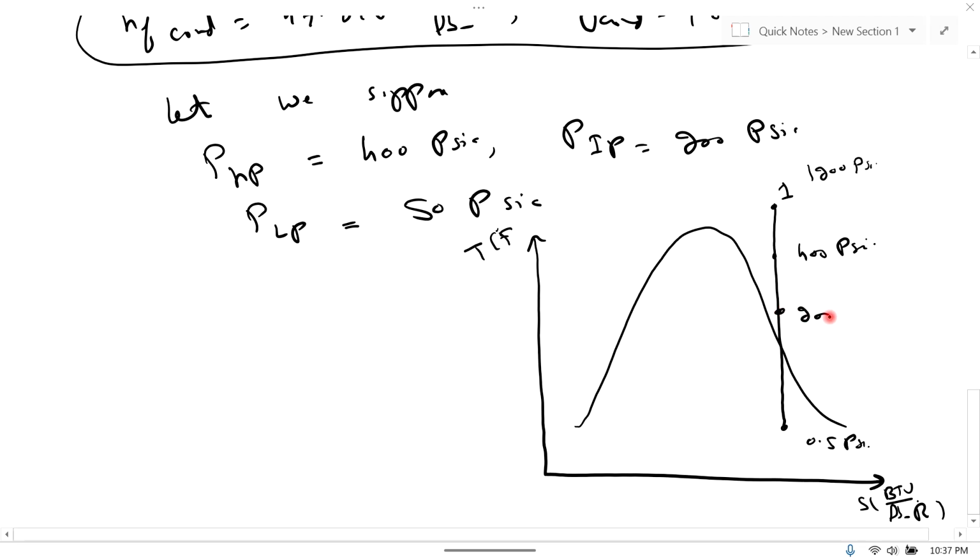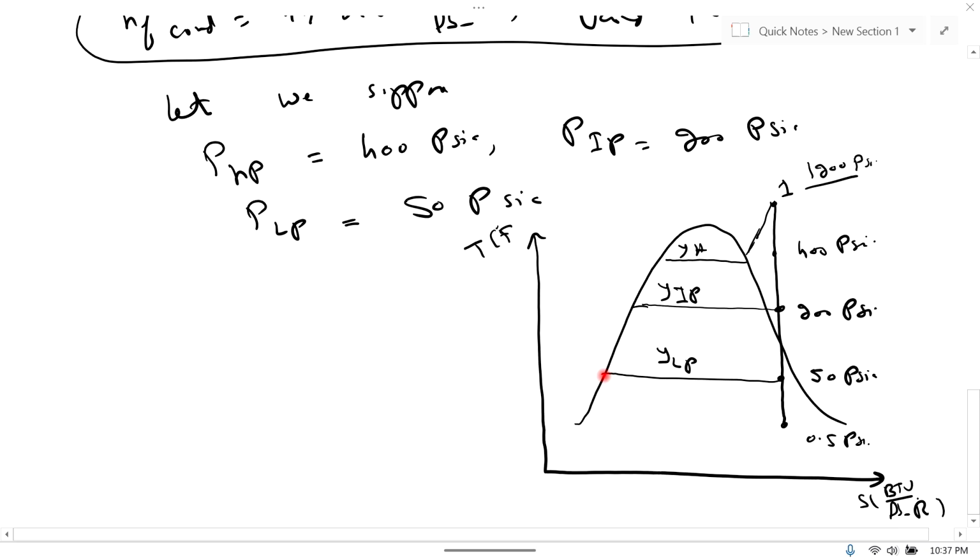These two are in the superheated region, and this third, 50 psia, is the lower section, the low pressure section. This is the fraction of mass for low pressure, this is the fraction of mass for intermediate pressure, Y_IP, and this is the fraction of mass for the high pressure turbine, and this is the maximum pressure at the inlet of the turbine.